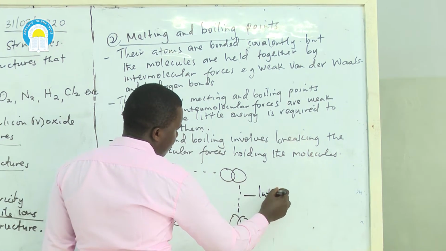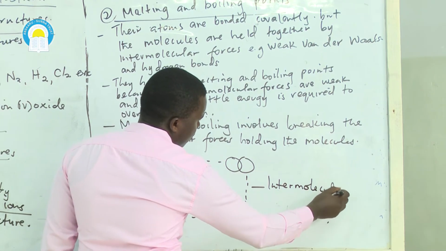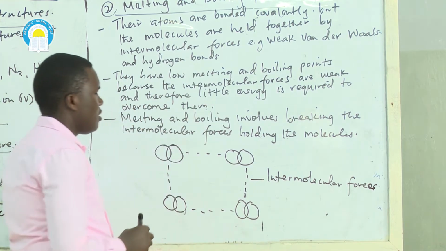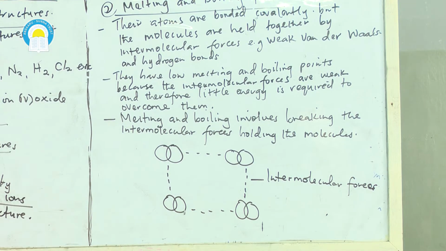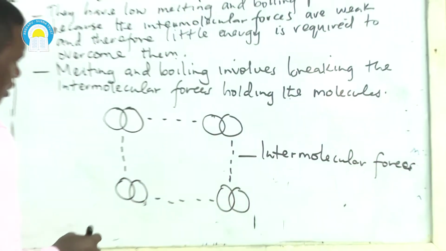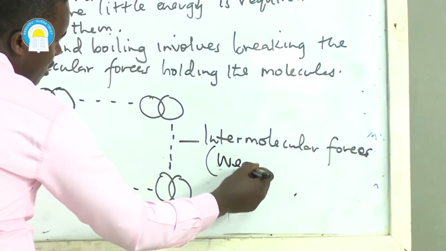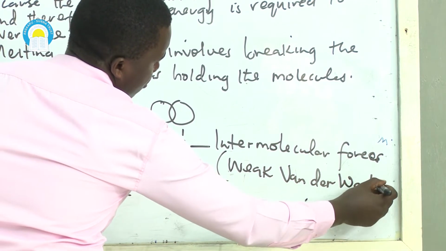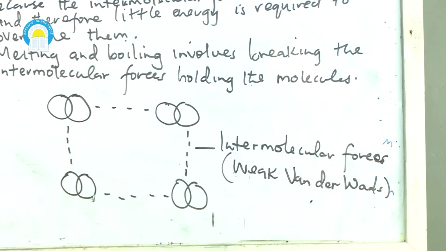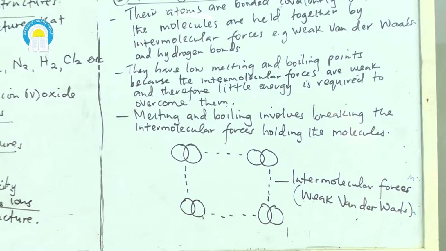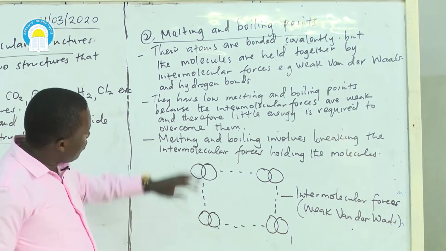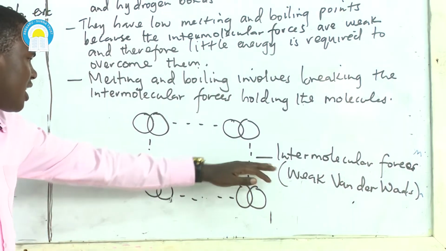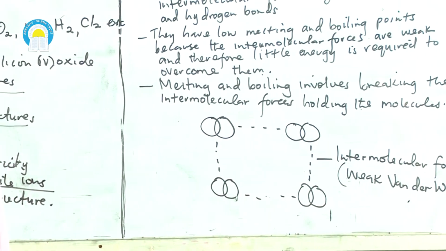In the case of chlorine, it is the weak van der Waals forces. So when you want to melt it, you don't break the covalent bond here, but you just break the intermolecular forces. That's why they will have low melting and boiling points.